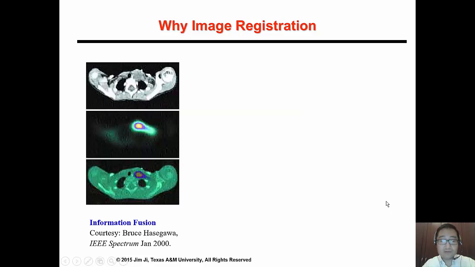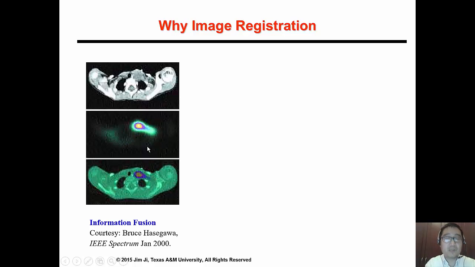So why is this important, you may ask. Let me give you this example. Here you see images of the abdomen. On the top is the CT image, where you can see the bones and some of the anatomical structure in the body. In the middle is the nuclear medicine image, a PET image that highlights the cancer.